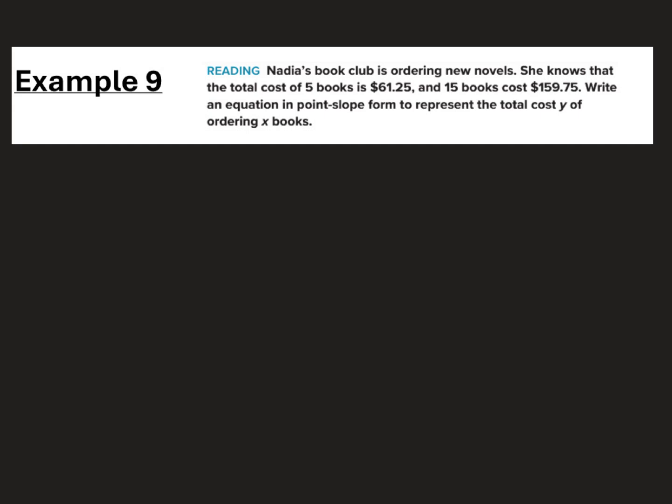Example 9, we are talking about Nadia's book club. They are ordering new novels, and she knows that the total cost of 5 books is $61.25 and 15 books cost $159.75.